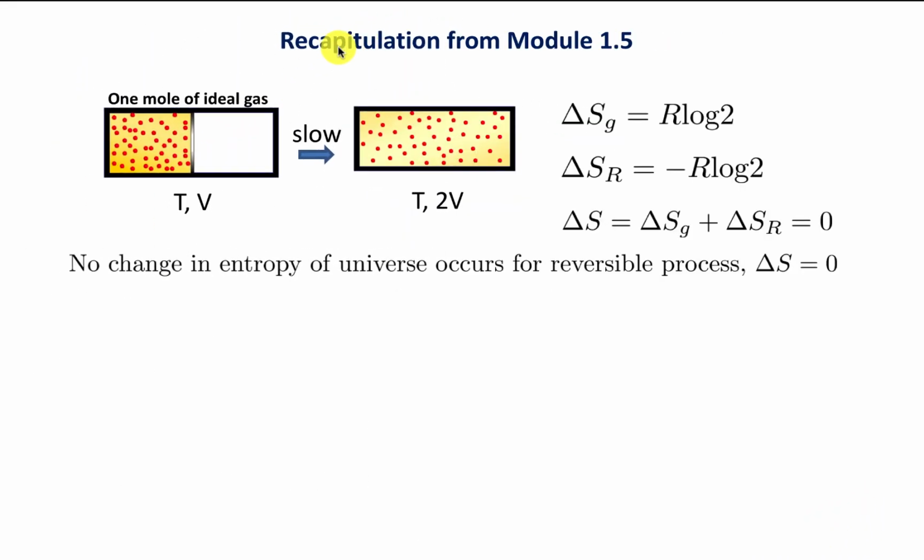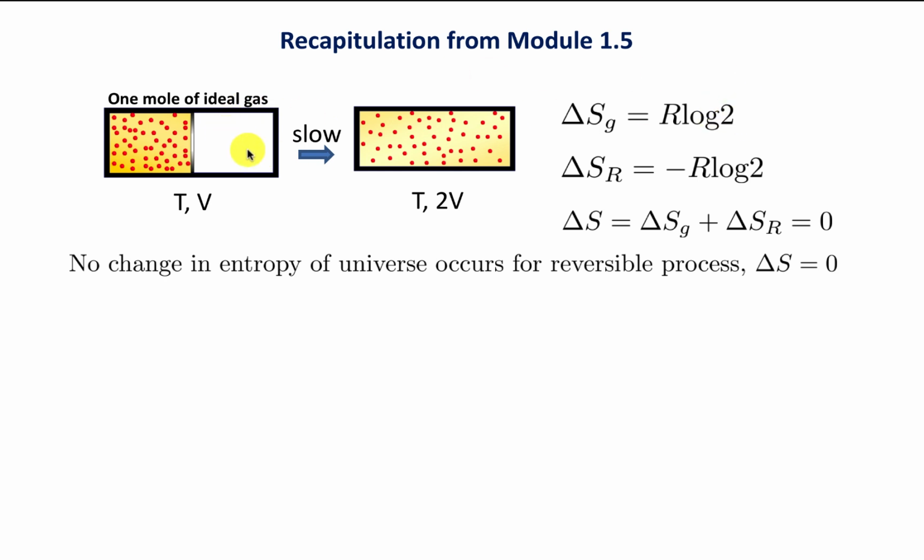Actually, we've already seen it earlier when we considered an ideal gas which was confined to one section of a container, and then we allowed it to expand slowly. It did work on this piston, and finally reached this configuration where the volume increased 2 times. It doubled. In that case, we found that the entropy of the gas was R log of 2V divided by V, which is R log of 2.